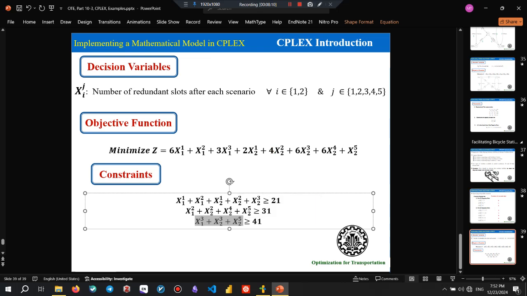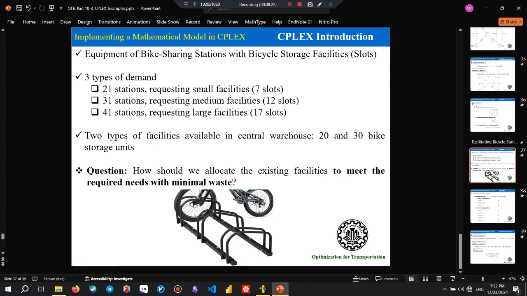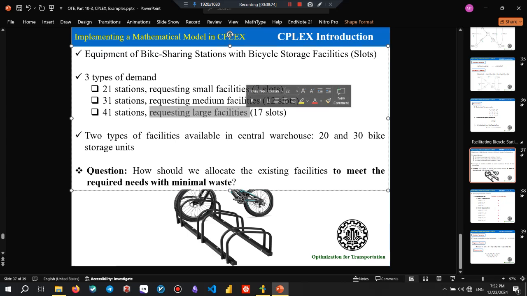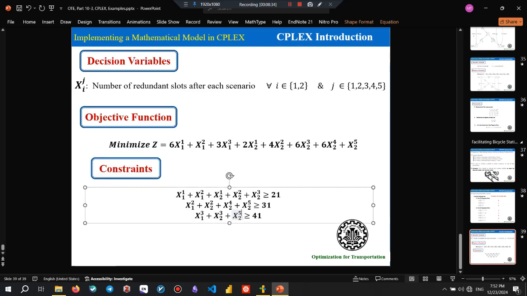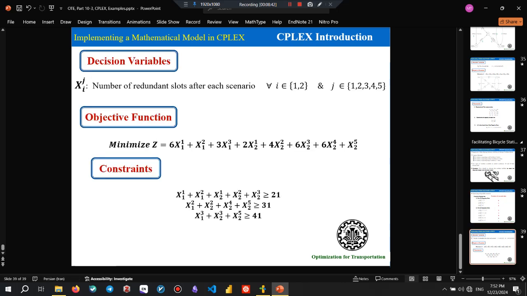They all have 17, which is the third demand, right? The large facilities, 17 slots. 41 stations demanded the large facilities. So this represents that one, the 17. Each of these scenarios has 17 in it. And the other ones are really alike.